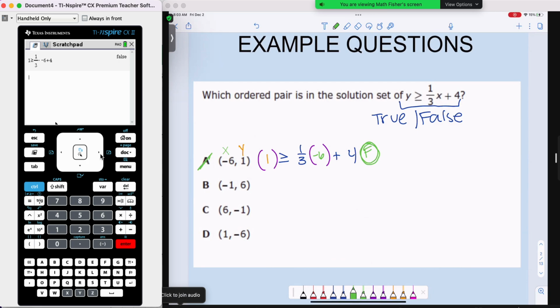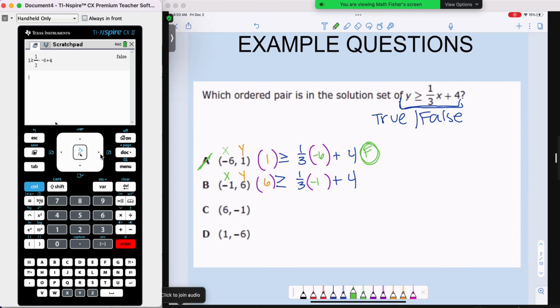So now let's try it again. Same thing. Copy this inequality, 1 over 3x plus 4. Put our parentheses around the letters. Then mark my x and my y and replace them. We put y here, that's 6. We put x here, that's -1.